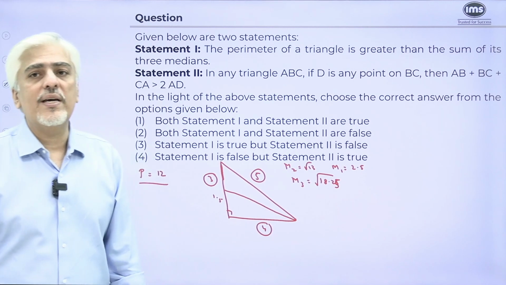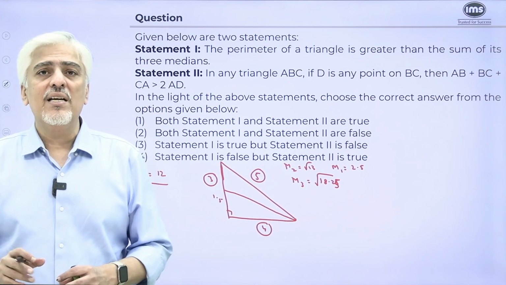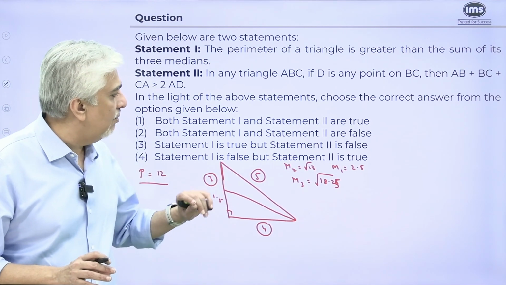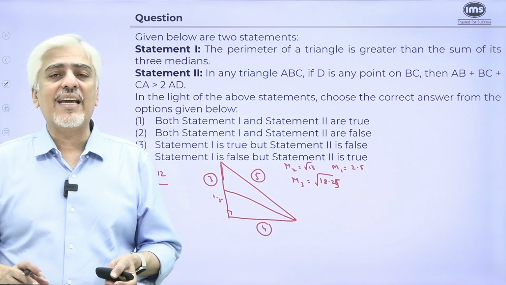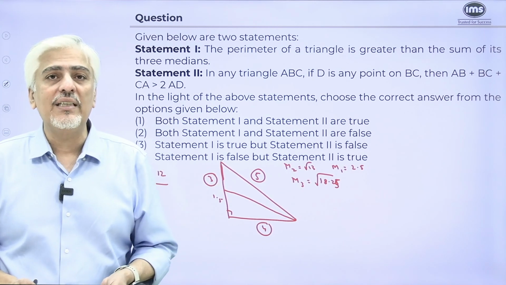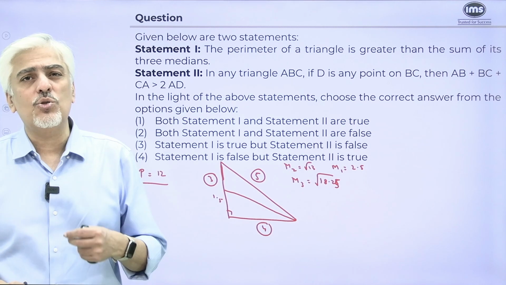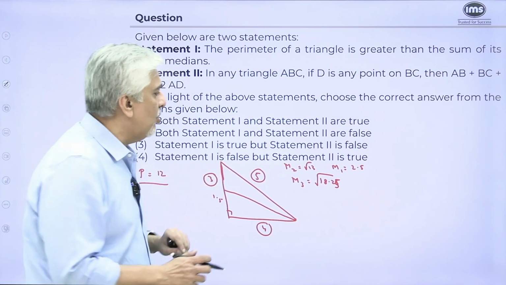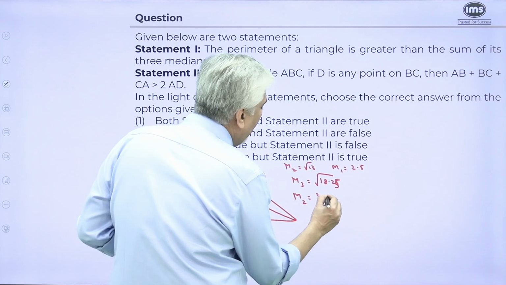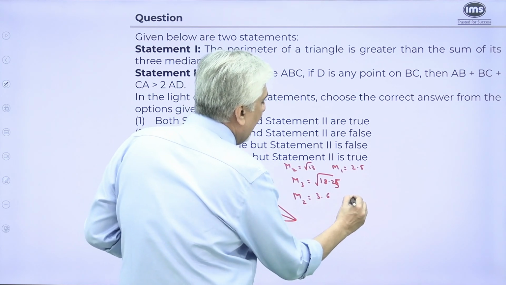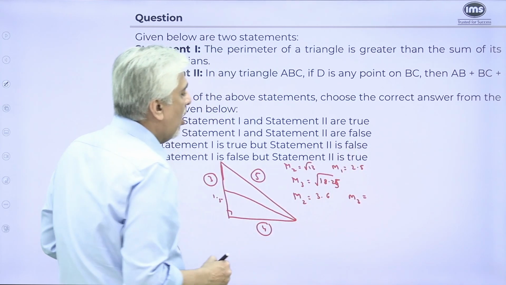So the square root of 13 will be roughly, if I look at which is the perfect square before 13, obviously 9 is there. So 3 point something. 3.6, 36 square is 1296. Based on that, I get M2 is approximately 3.6. M3 will be approximately how much?